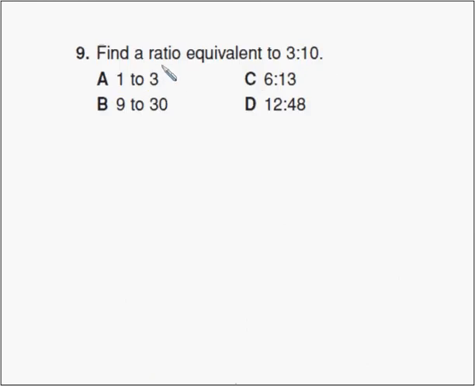Find a ratio equivalent to 3 to 10. I like to write it 3 to 10. And I'm really just looking for an equivalent fraction. So could this 10 be equal to 1 to 3? No. Can eliminate that.